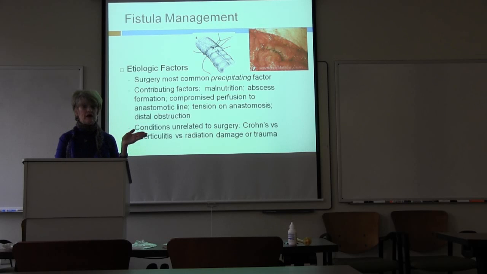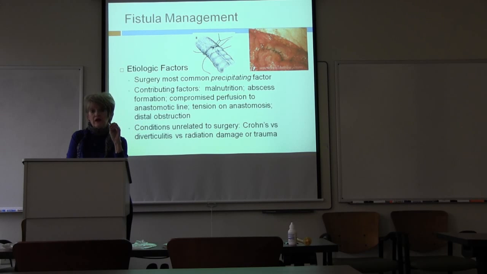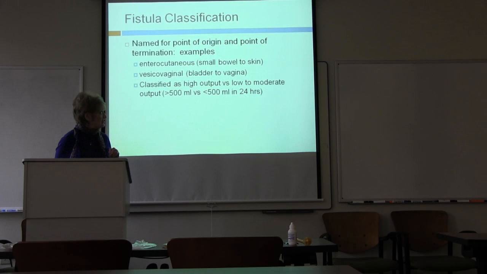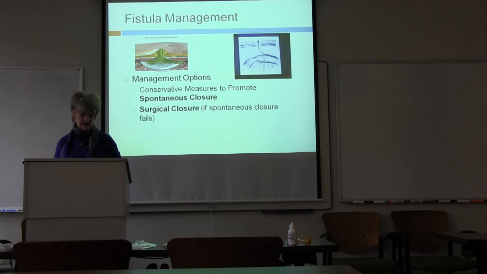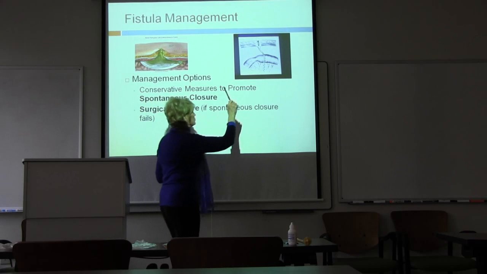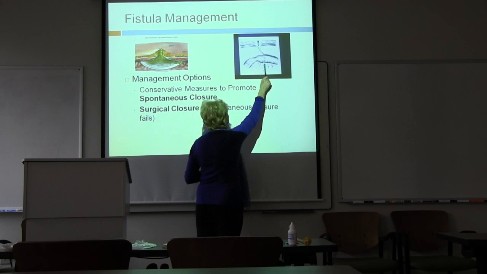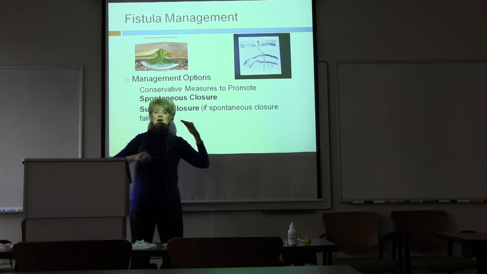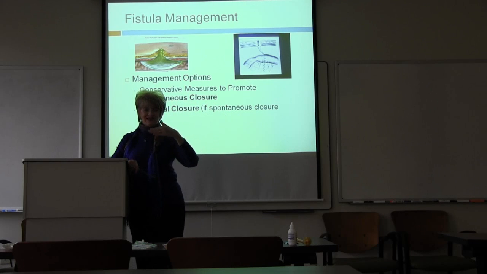Now I'm going to back up here, and I'm just going to clarify that most of the time fistula development involves the anti-mesenteric border of the bowel. I'm actually going to go ahead a slide just to show you what I mean, or several slides. So as you remember, the bowel is attached to the mesentery. The mesentery in turn is attached to the posterior abdominal wall.